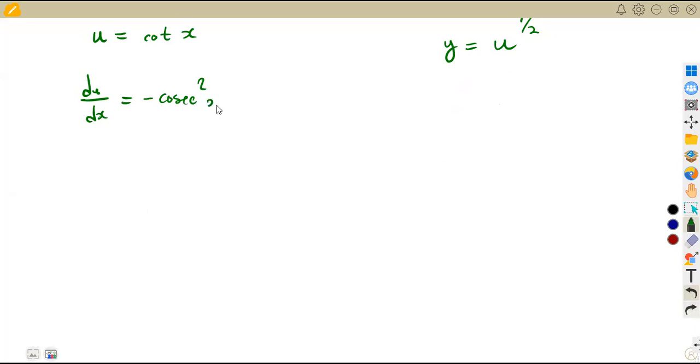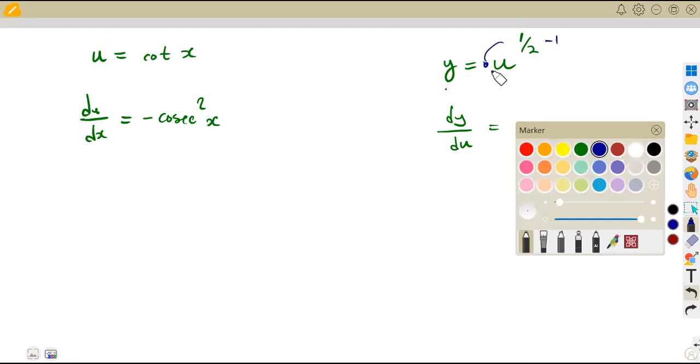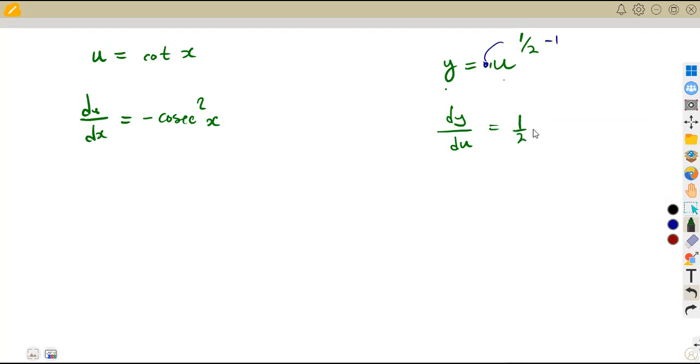Then we find the derivative of y with respect to u in this case. Here we are simply going to drop the exponent, which is a half. Remember here, we're going to multiply, then we subtract 1. So that is going to be a half times 1 over u to the exponent. If we subtract half minus 1, that is going to give us a negative half. You can just use your calculator.